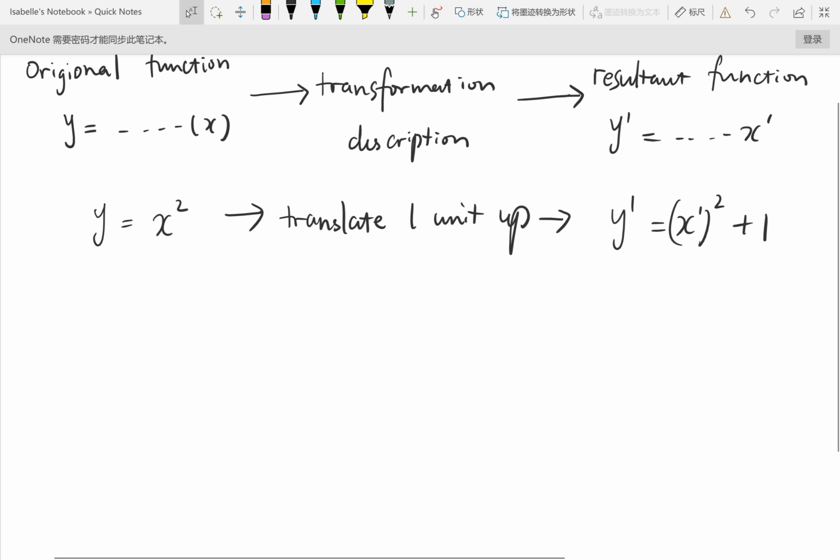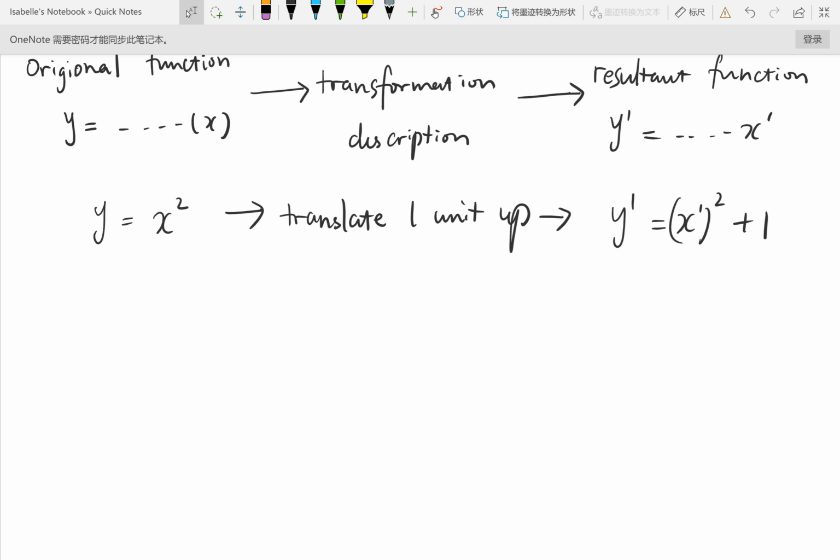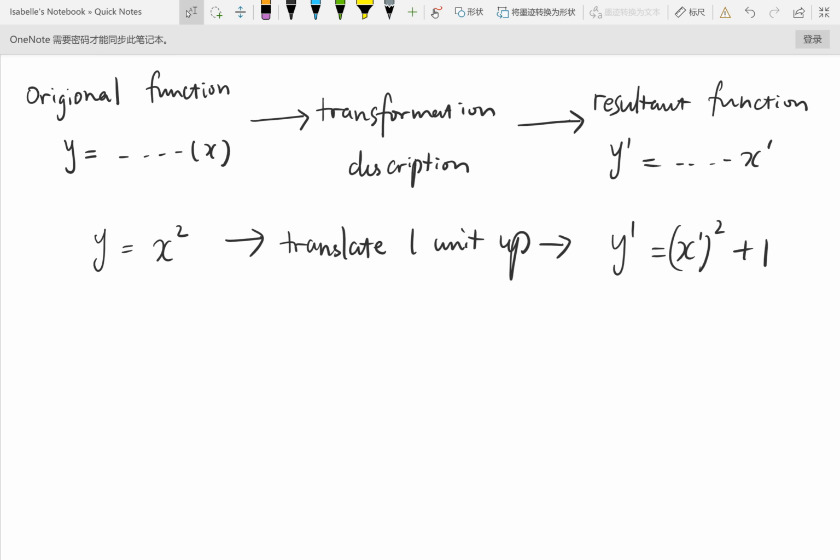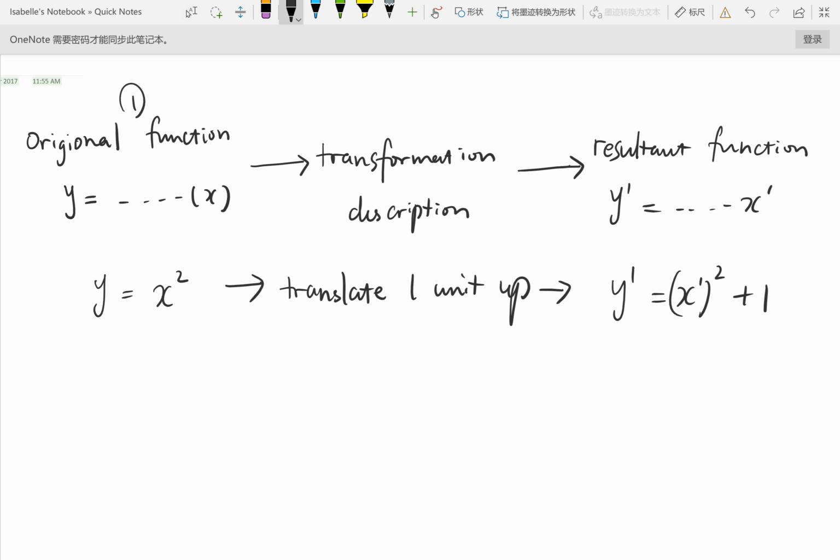So the type of transformation question we'll have is stage number 1, stage number 2, and stage number 3. I can give you any 2 stages and ask you for the 3rd one.